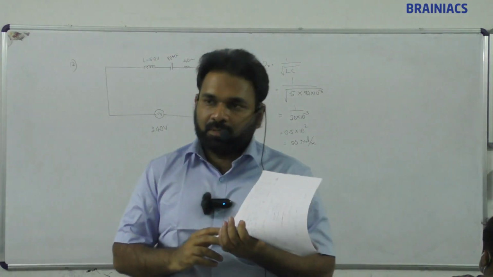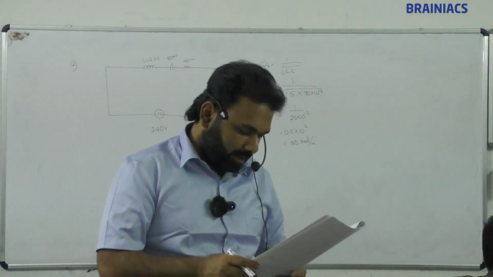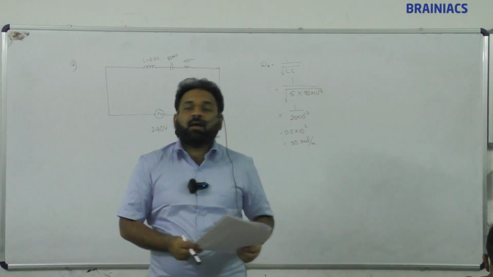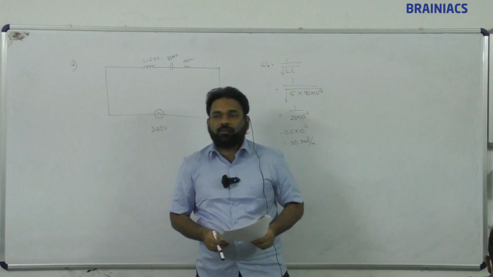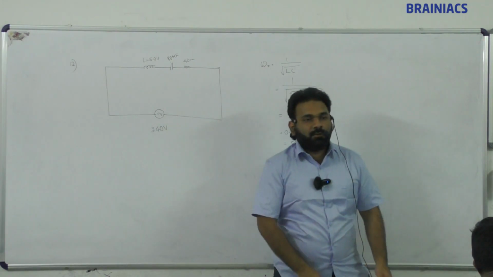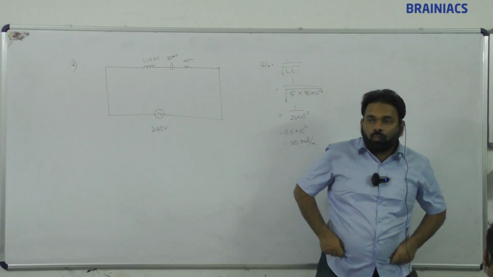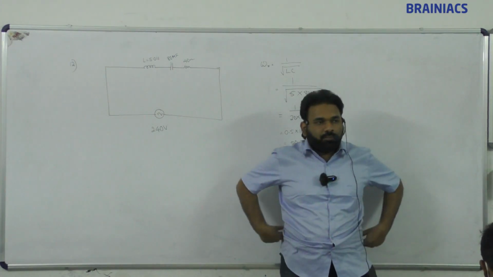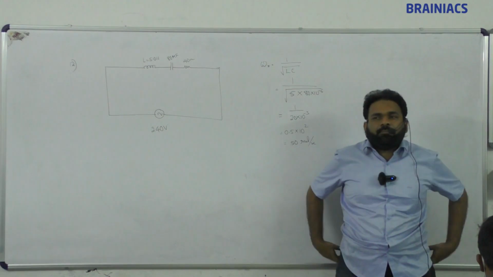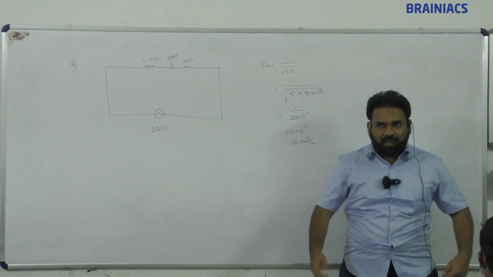50 radians per second. Okay, so what is the current at resonant frequency? What is the current value at resonant frequency? Maximum peak. So need not consider the capacitor or inductor values then.